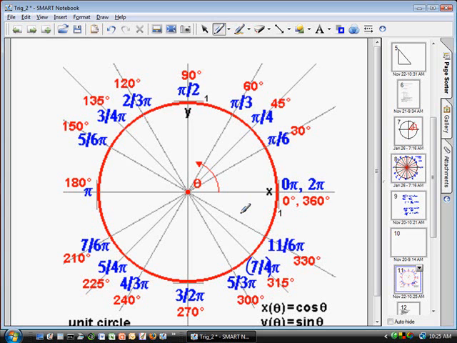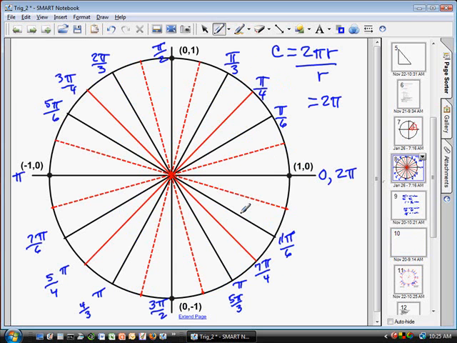I'd rather have you think in terms of the whole being 2 pi and fraction it out, but if you want to translate it, we just showed you how to do that too. Translate from one to the other. So, I know this is a lot at once, but it's not that terribly hard either. It's just a matter of thinking in terms of fractions.